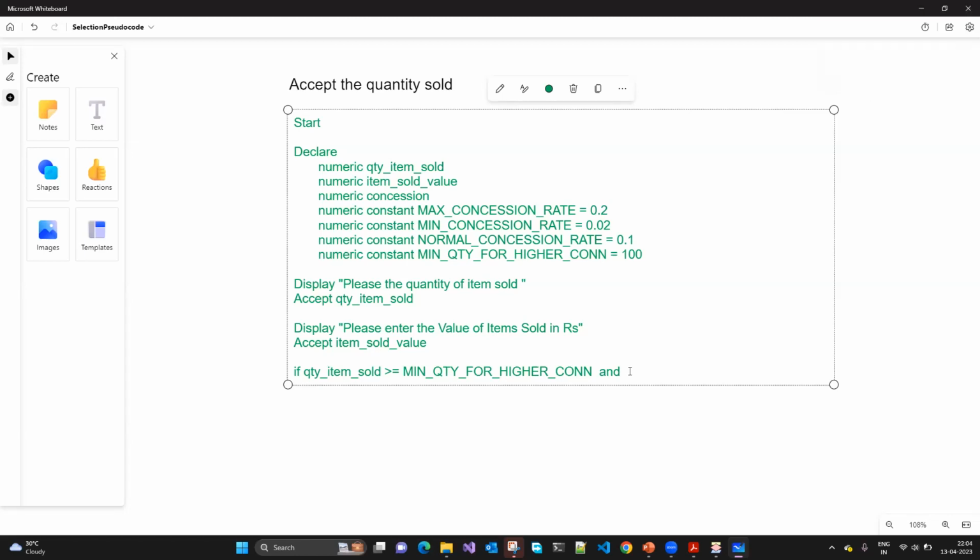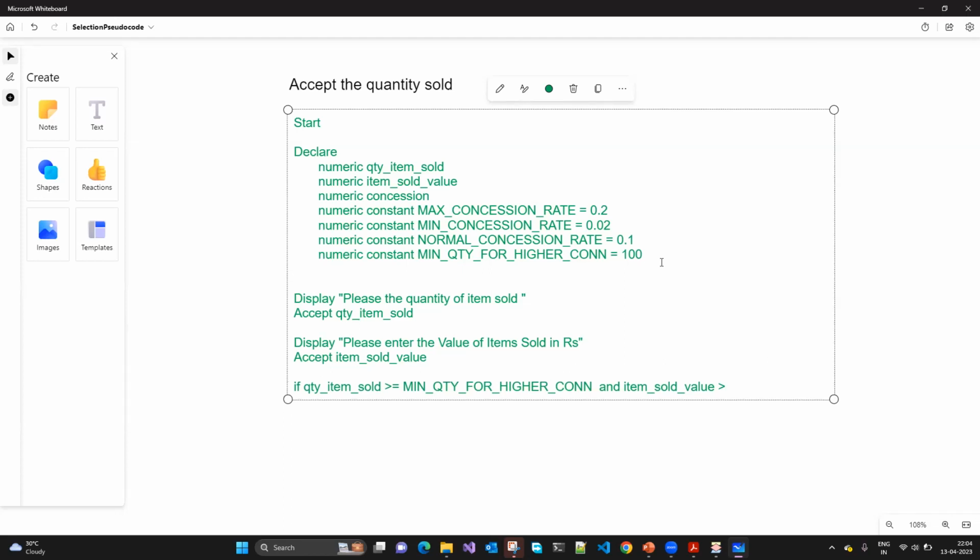Item sold value is greater than or equal to... no, only greater than. Now make it greater than or equal to 10,000. I think I had said greater than, sir, only greater than.